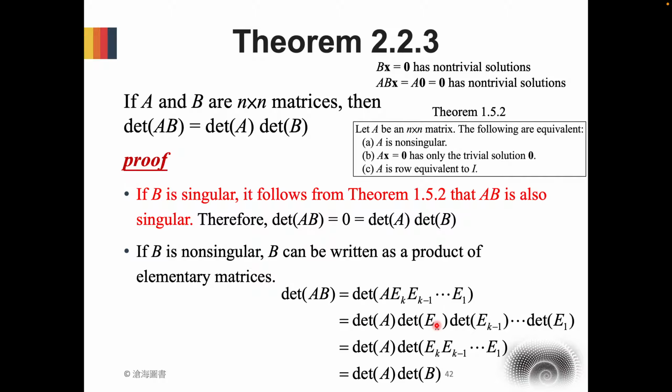Because all these values are not equal to 0, they can be multiplied together first and then take the determinant.